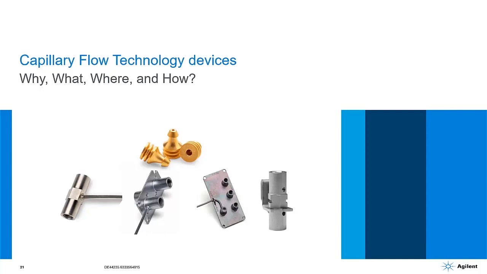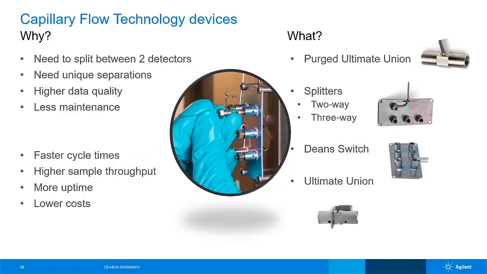Gustavo has provided great information on boosting performance and increasing productivity with columns. So let's see how we can make those columns last longer and potentially even get more information out of the sample with capillary flow technology devices. Why might a user want to try capillary flow technology, or CFT, devices? In some cases, you may need to split between two detectors, such as two FIDs or between a mass spec and an electron capture detector.